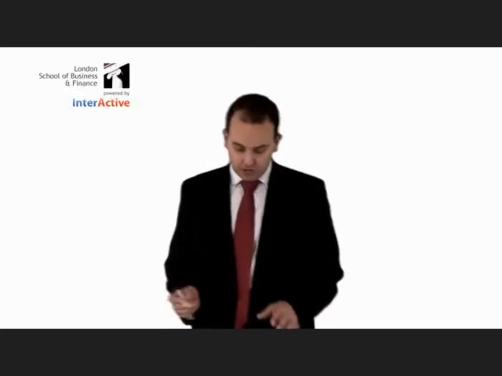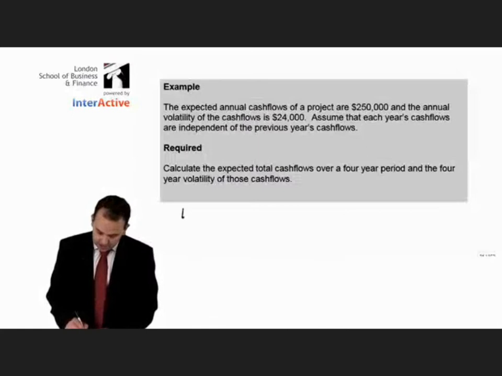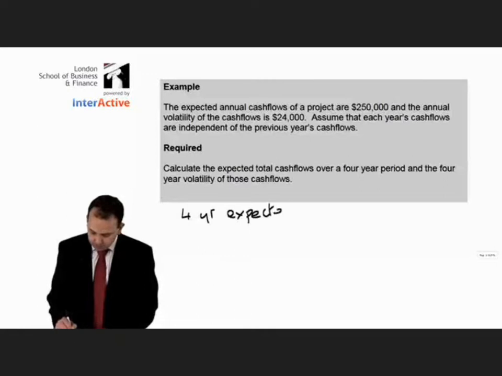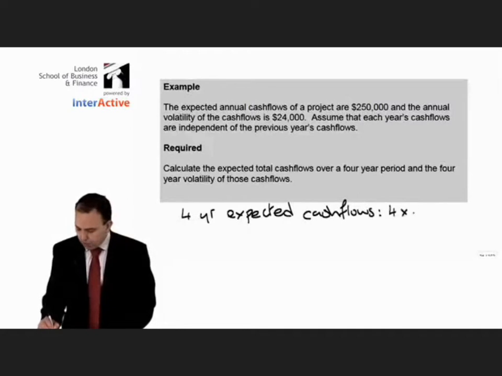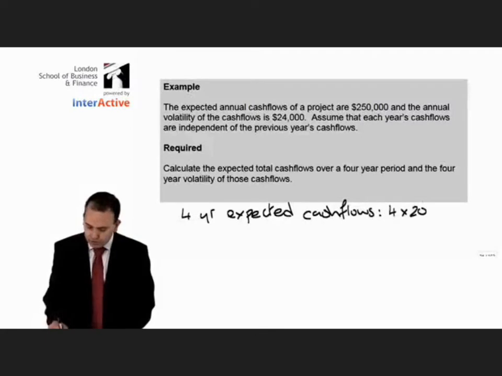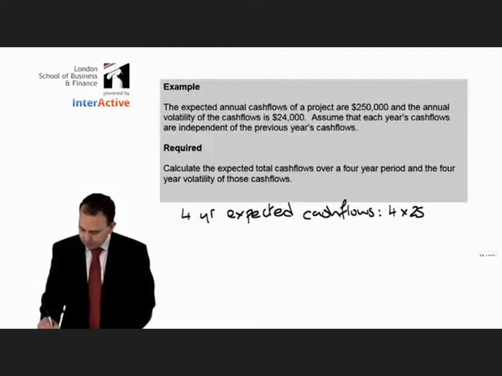Now, first of all, if the annual cash flows are expected to be $250,000 each year, and we're considering this over a 4-year period, then the 4-year expected cash flows will simply be 4 times 250,000, which is $1 million.